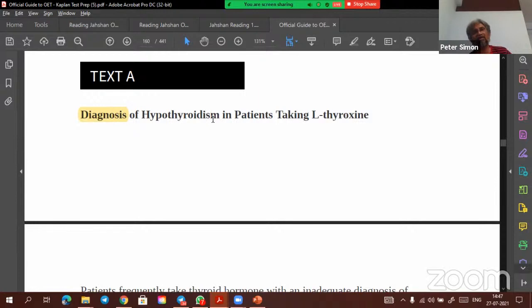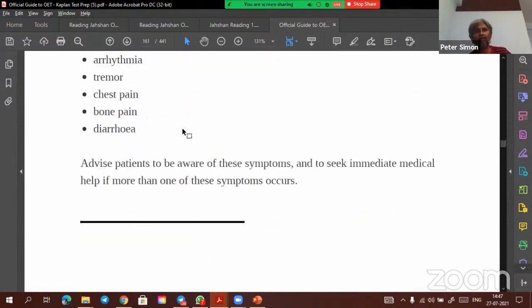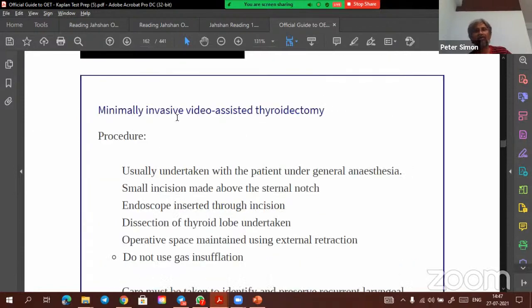So text A is related to diagnosis of hyperthyroidism. Next, second one. Minimally invasive video assisted thyroidectomy. So this is thyroidectomy. B is about thyroidectomy.